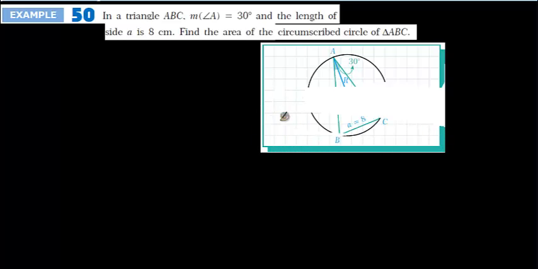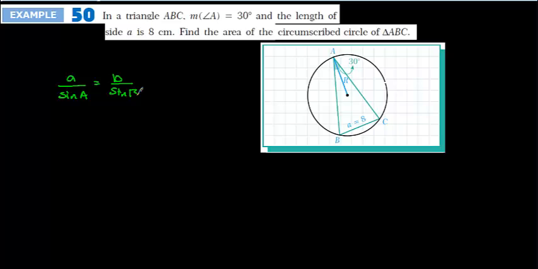And we are looking for the radius firstly, because the formula says a over sine A is equal to b over sine B is equal to c over sine C, and that's equal to 2r, if you remember.